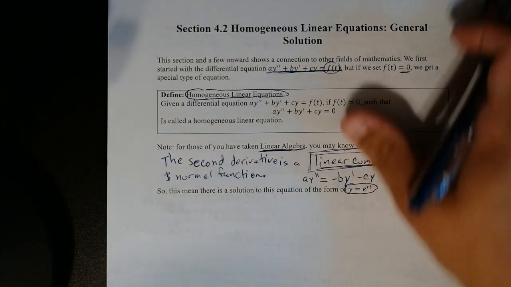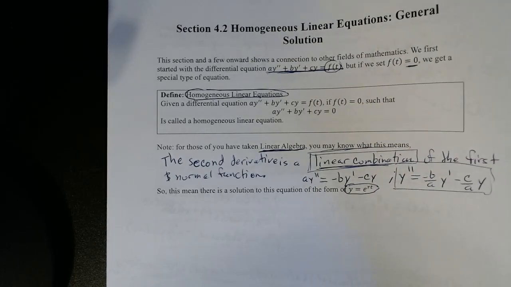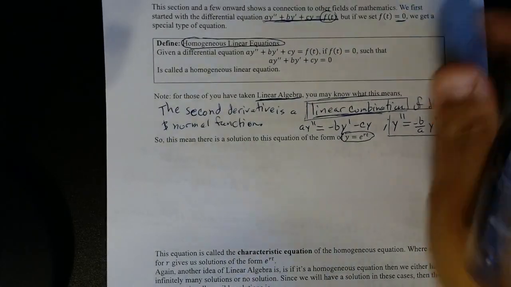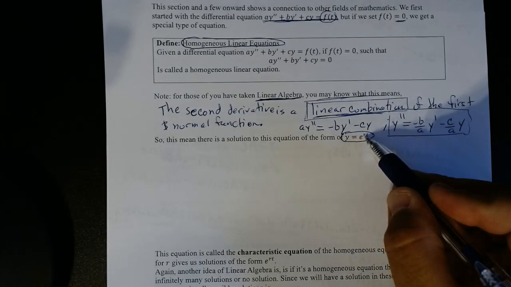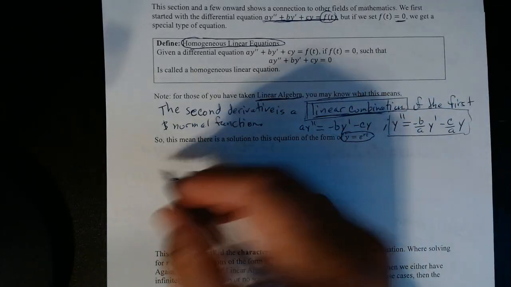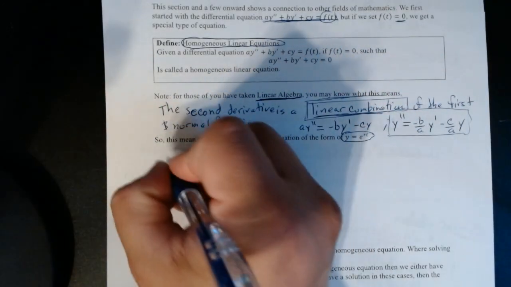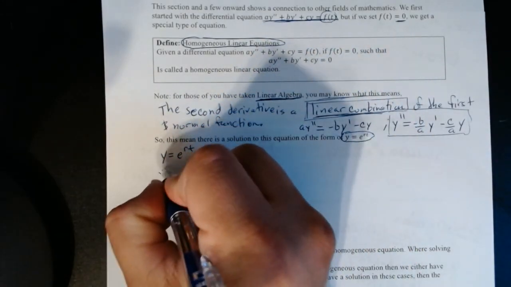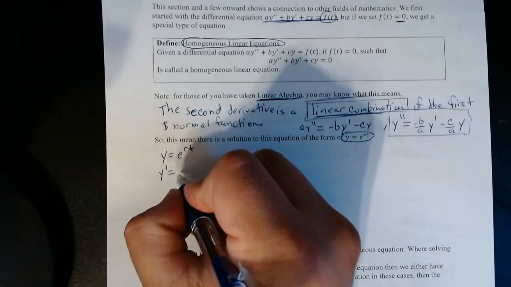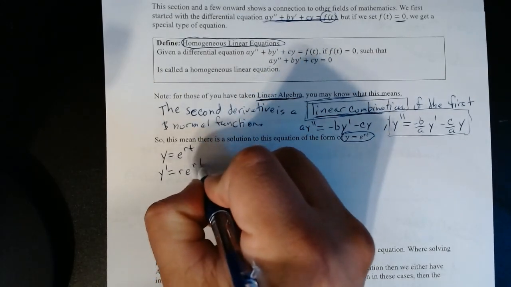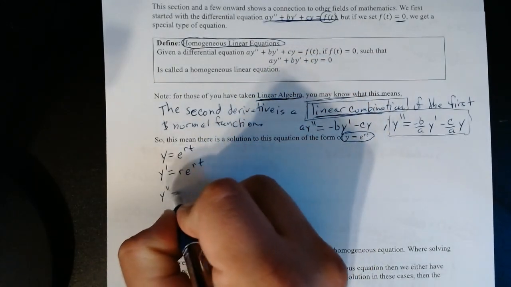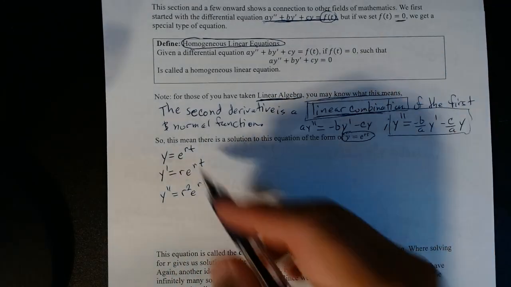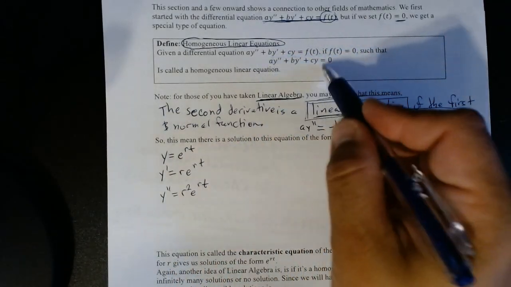If that's the solution of these forms, we can backtrack and see if there is a way to find a general equation of this type, or can we find an r value that always makes this work? We're just going to do a little experiment. Because we know this is a solution, let's take the derivatives and plug it into our general homogeneous equation.